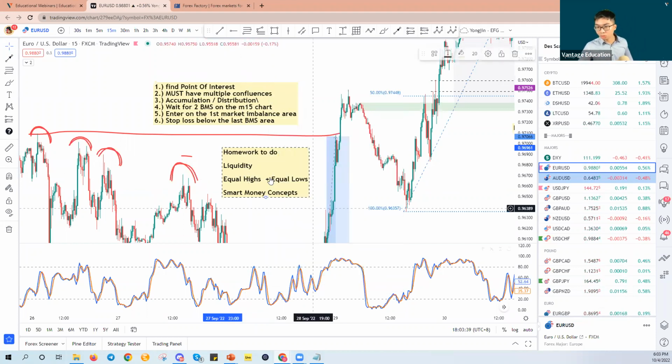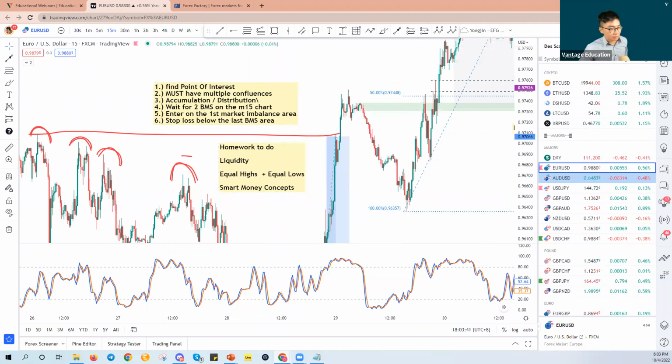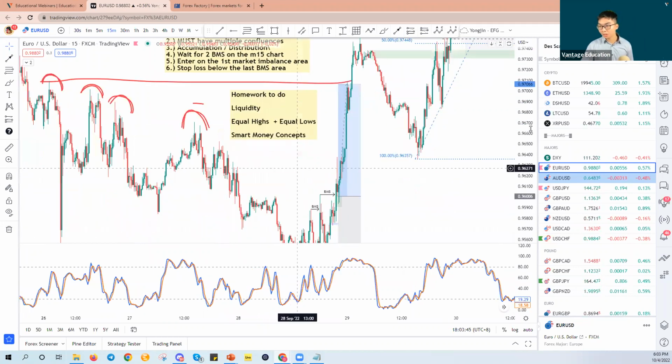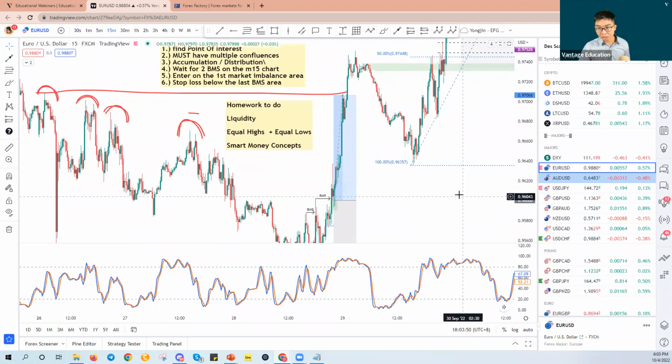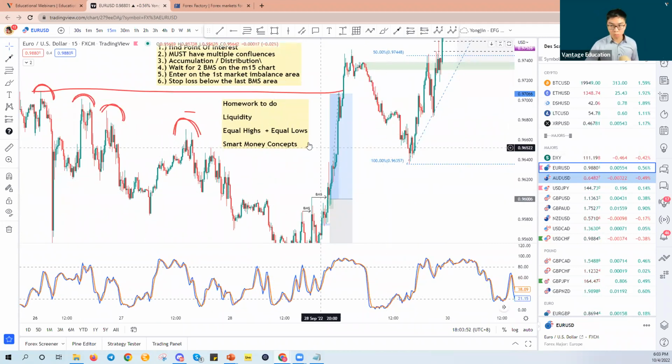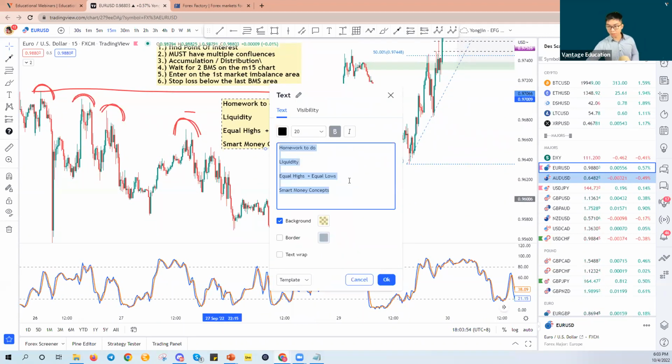Do read up on this, as I will be presenting quite a few more times in the future, and I will mainly be using smart money concepts, liquidity and Wyckoff too. Accumulation, distribution.